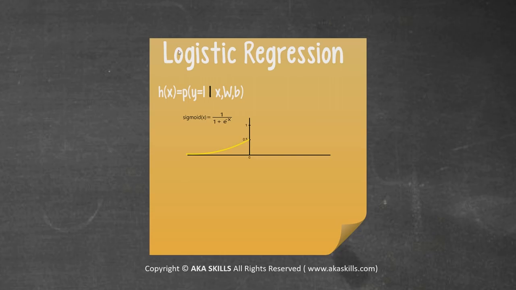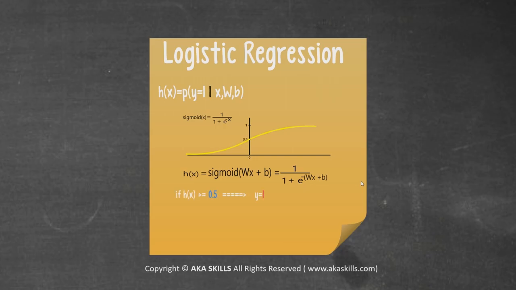And we said that the sigmoid function gives us output values exactly between 0 and 1, where at the point x equals 0 the output is exactly 0.5. So yeah, that's our new h of x. We defined the h of x.